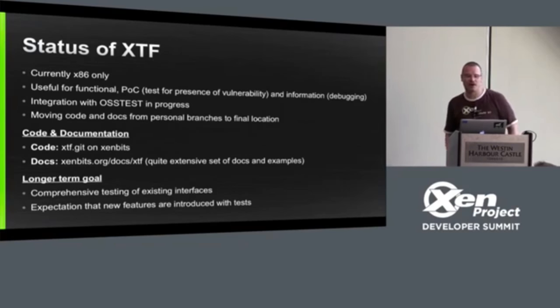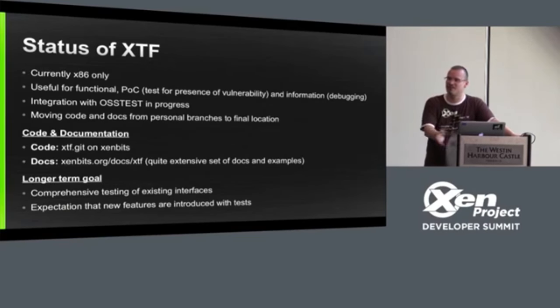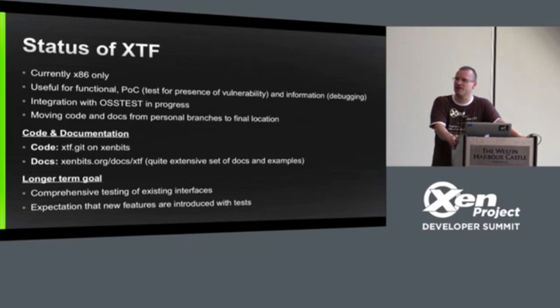So longer-term goals around this is to write comprehensive tests for existing interfaces. And also I hope that, for new features, as they get contributed, we will submit them with XTF tests, given that it's relatively easy, or very easy, to write them. How big is a typical integration test for a new feature?